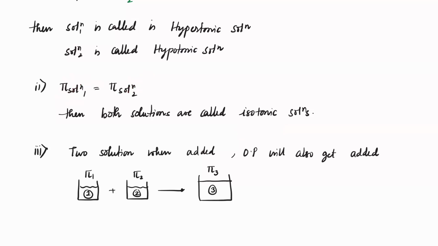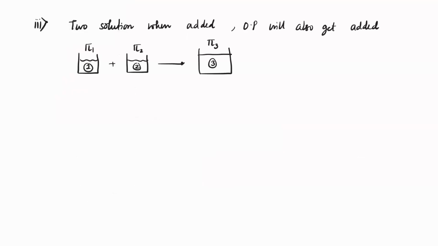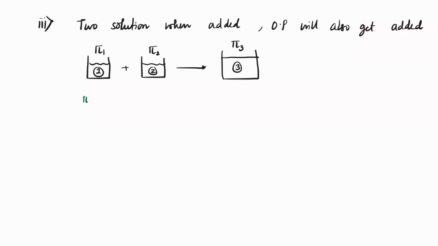Now see, when two solutions are added, osmotic pressure will also get added, because it only depends upon the number of particles and doesn't depend upon what type of particles they are. So it's always easier to add them and get the final osmotic pressure. If one osmotic pressure is pi 1 equal to C1 RT, and pi 2 is equal to C2 RT, then pi 3 will be equal to (C1 plus C2) RT.